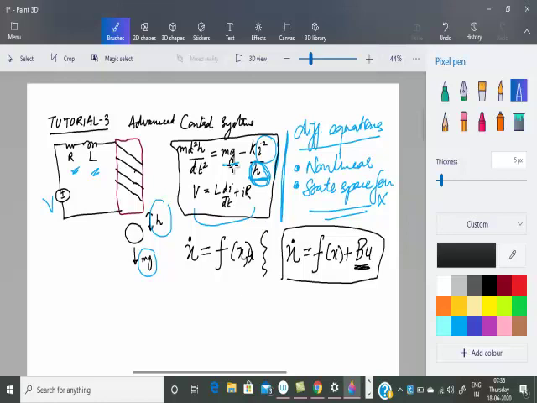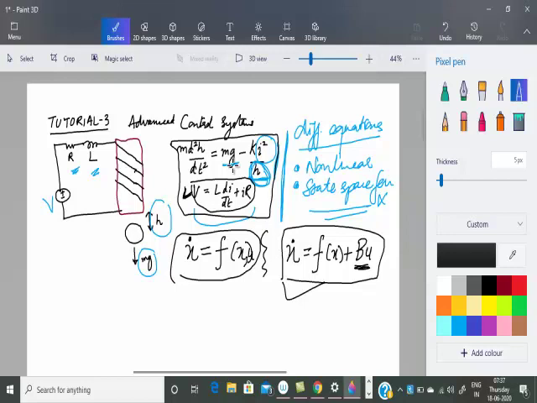So you can easily see that if you want to write this in the state space form, like this or like this, you'll have to first select your state variables, and this equation is already in first order form, so we don't need to do much with this.